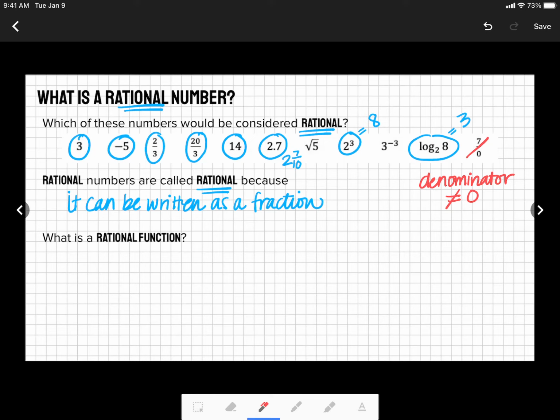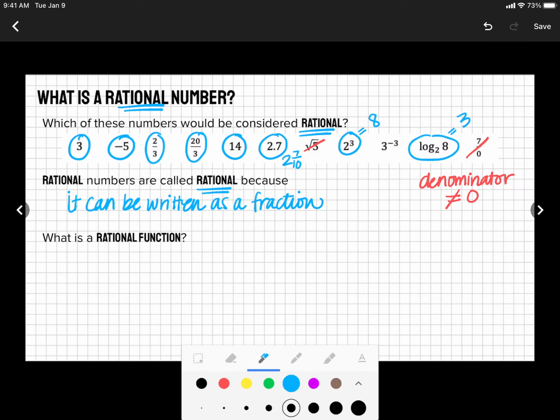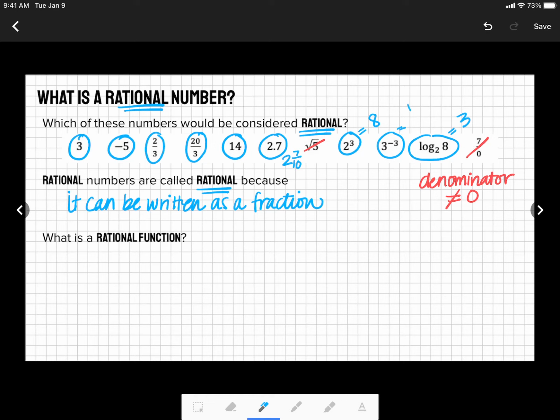Okay, what about the 2 that are left? I will tell you one of them is a rational number, one of them is not. Yeah, 3 to the -3rd is rational, which means radical 5 is not. Now, 3 to the -3rd is just 1 over 3 cubed, or 1 over 27, so we can write that as a fraction.